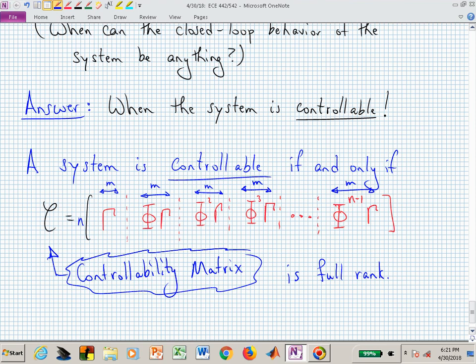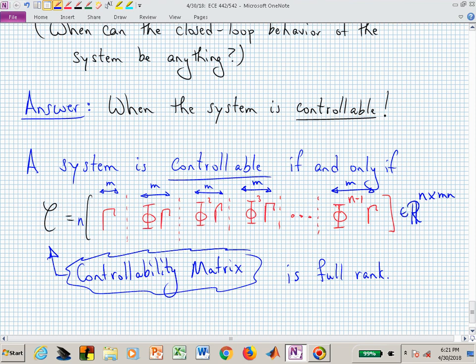No. So C is a matrix that is dimensionally n by mn, is what we said. Full rank means that in this case, all n rows of C have to be linearly independent.